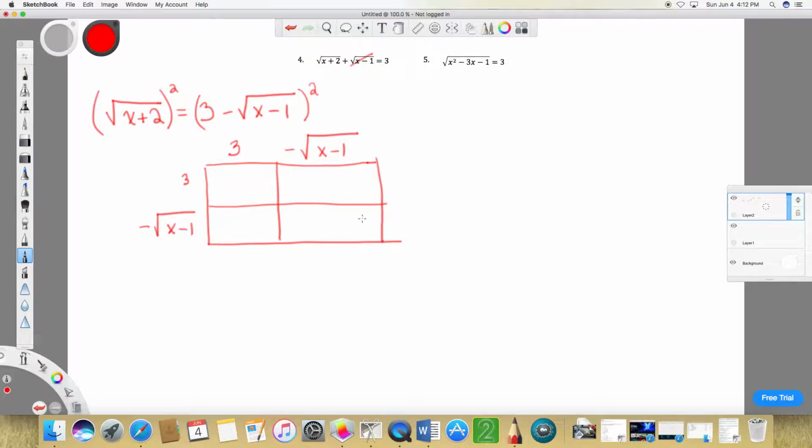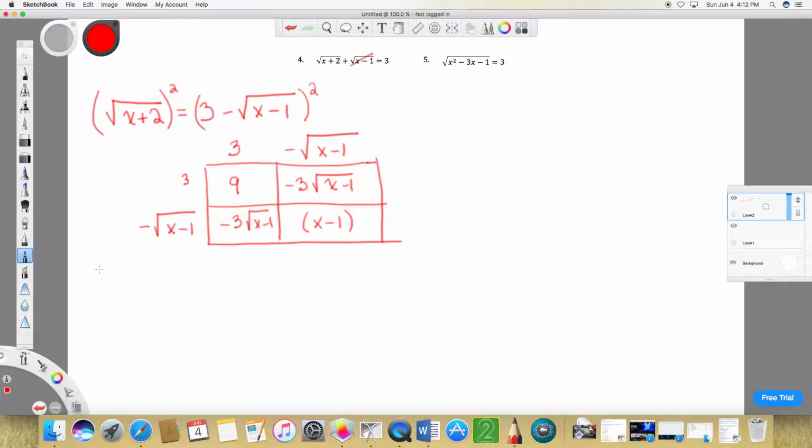And it doesn't take that much extra time to make the table. 3 times 3 is 9. Then we have negative 3 times the square root of x minus 1. We have that same term twice. Negative times negative is positive, and the radical goes away.